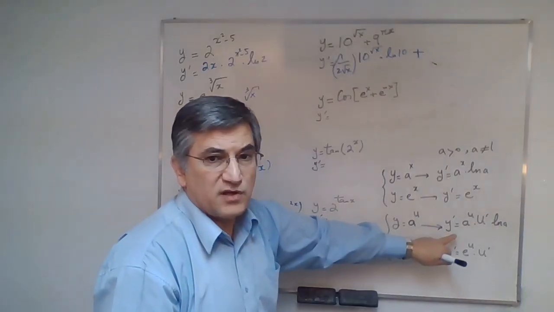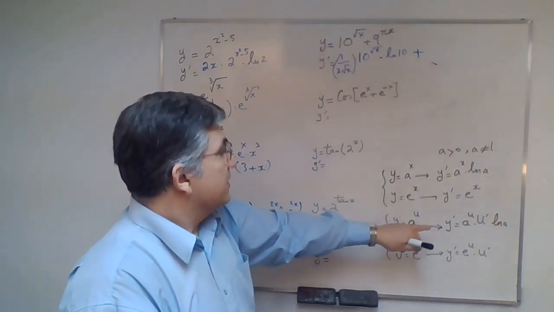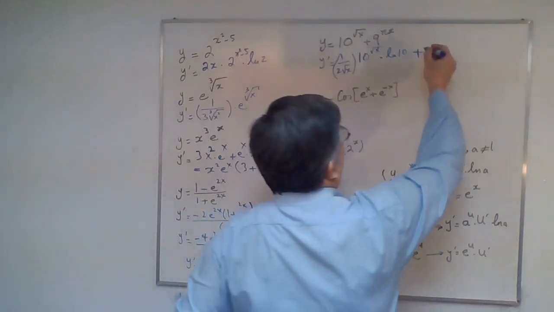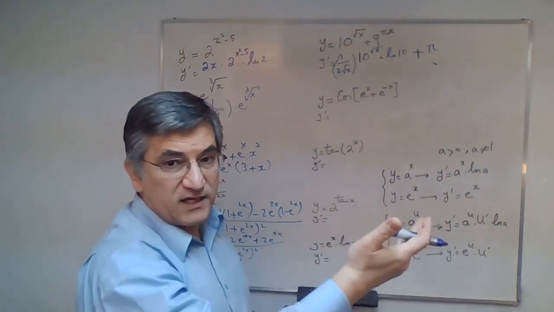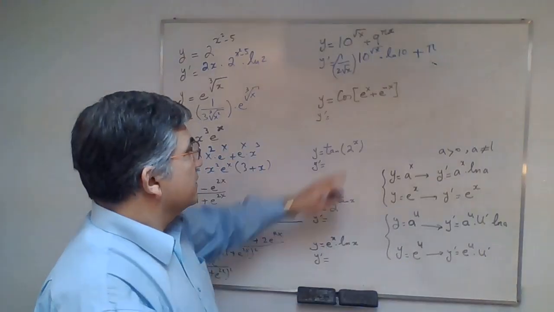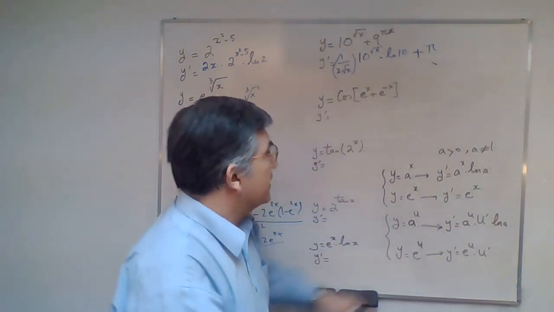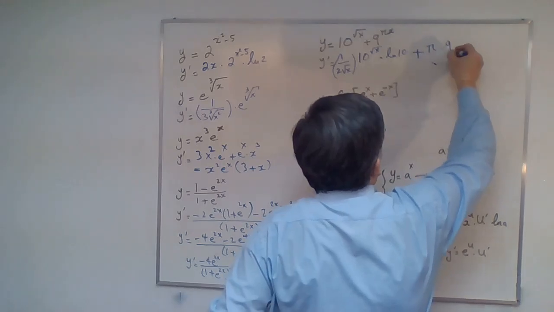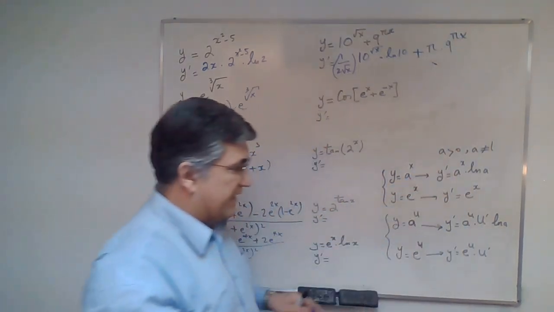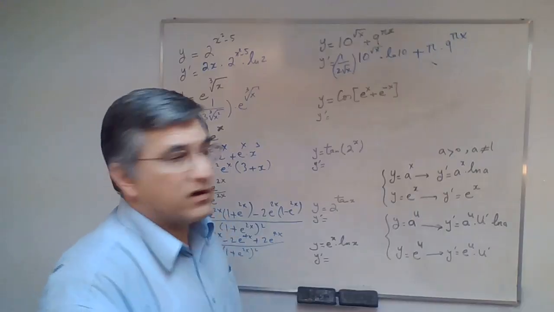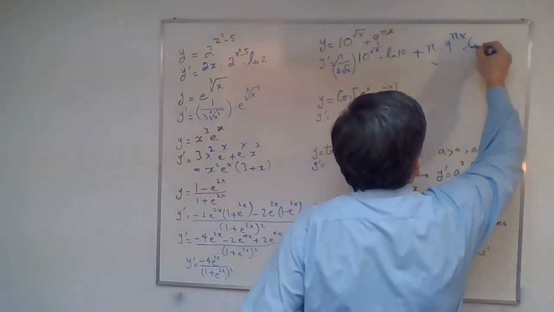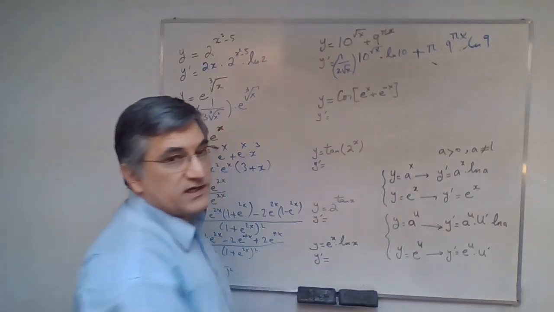I'm going to apply the same formula again. The answer would be u prime, which is pi, because the derivative of pi x is pi. And then a, which is 9 to the exponent of pi x, and finally times ln of 9. So that's the final answer for that question.